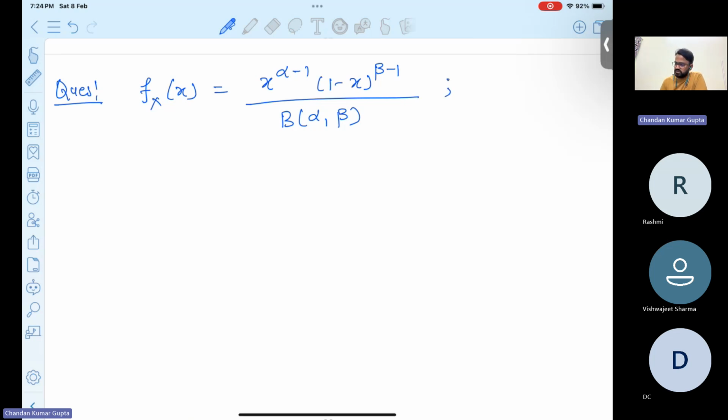Okay, here x lies between 0 to 1 and alpha and beta are positive quantities. Okay, so this is the PDF of a random variable x.